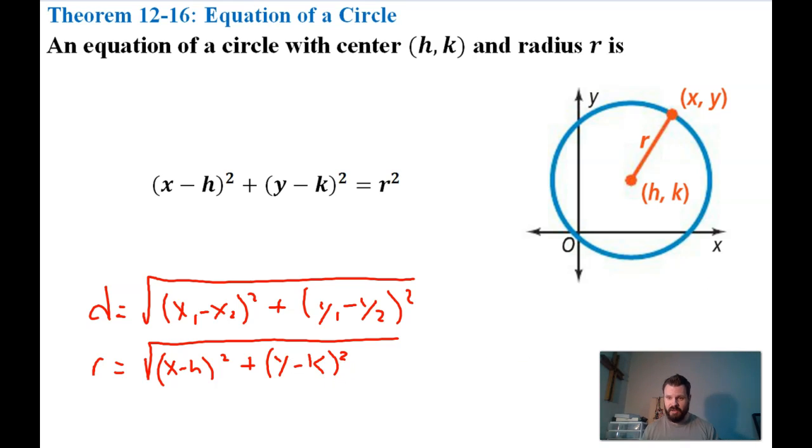Then the trick here is, if I square both sides, which gets rid of the square root on the right, there you go. There's my standard form equation. So really this equation is just coming directly from the distance formula.